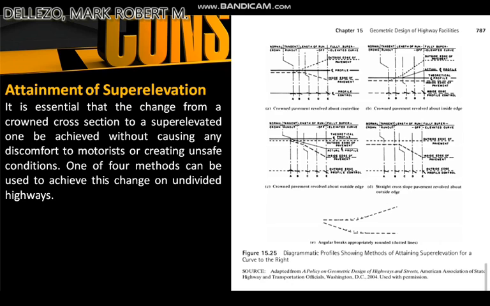Then the last one, letter D, straight cross slope pavement revolved about outside edge. Then we have the fifth, letter E, the angular break appropriately rounded, shown in dotted lines. So that's all. We go next.